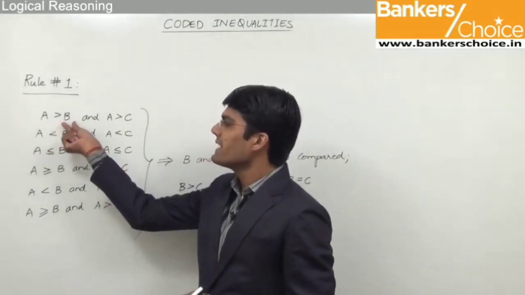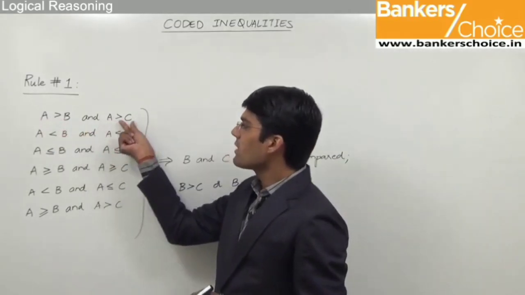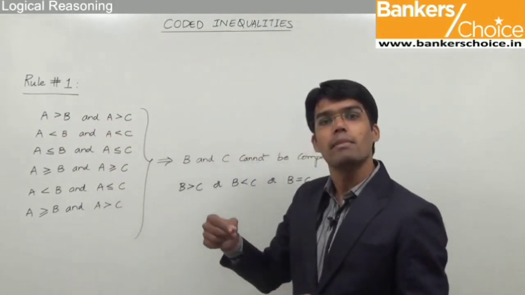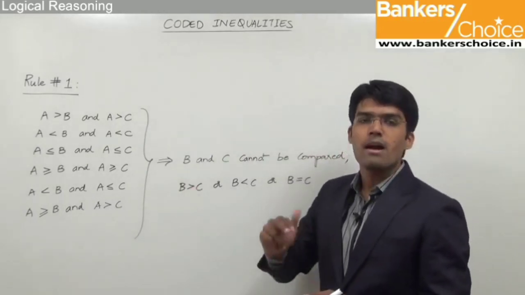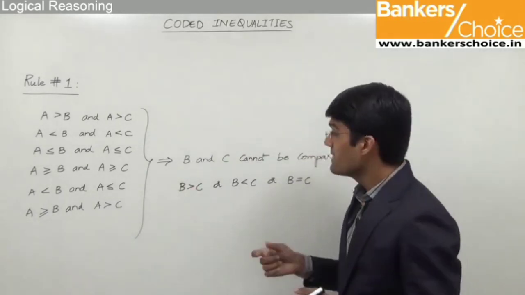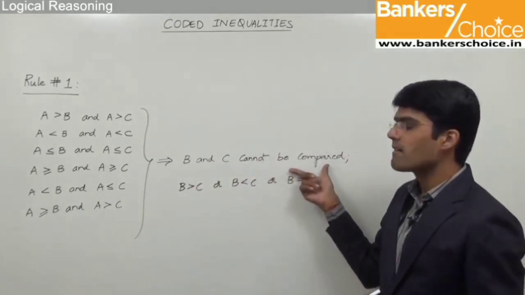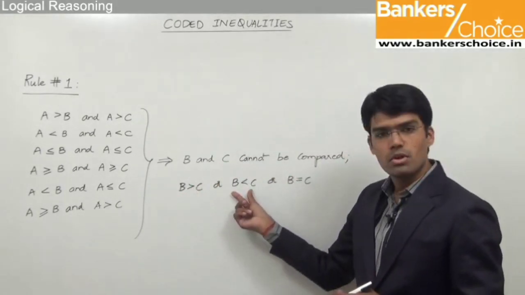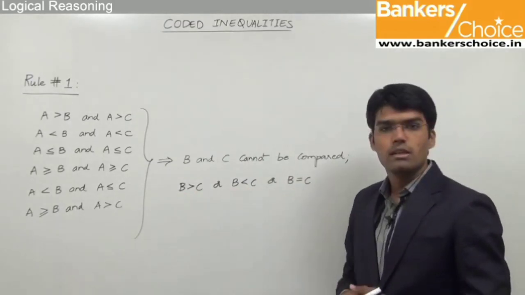A is taller than B and A is taller than C. So A is taller than B and C. But among B and C, who is taller and who is shorter cannot be established. That is the reason we say that B and C cannot be compared. B can be taller than C, shorter than C, or equal to C.